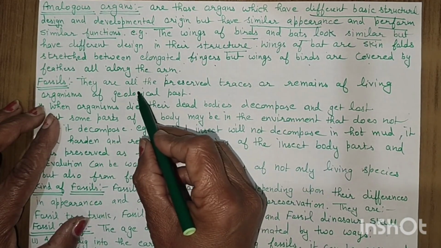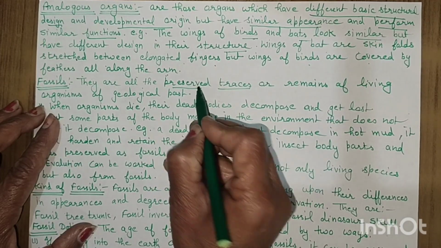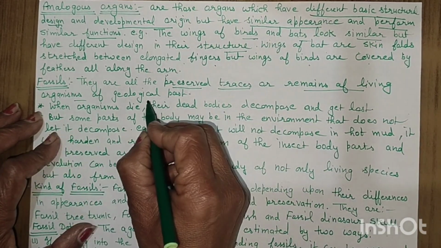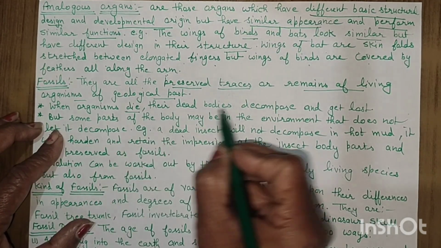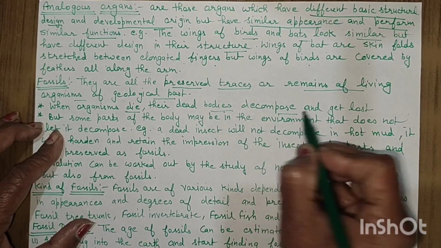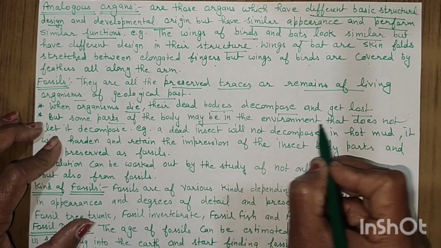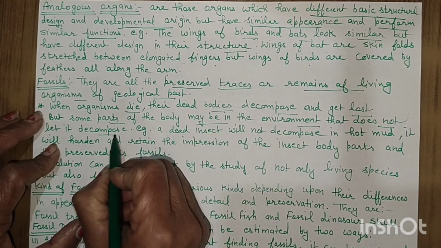Fossils are the preserved traces or remains of living organisms of the geological past. When organisms die, their dead bodies decompose and get lost, but some parts of the body may be in an environment where they do not decompose.